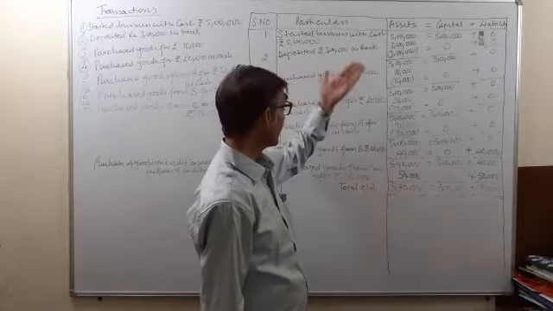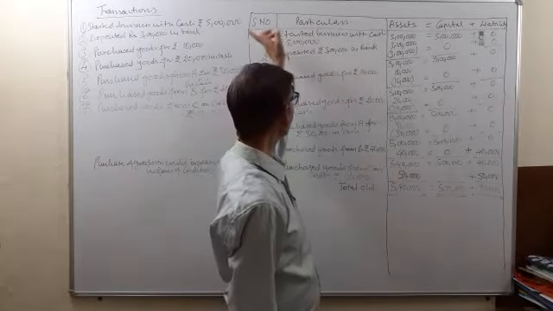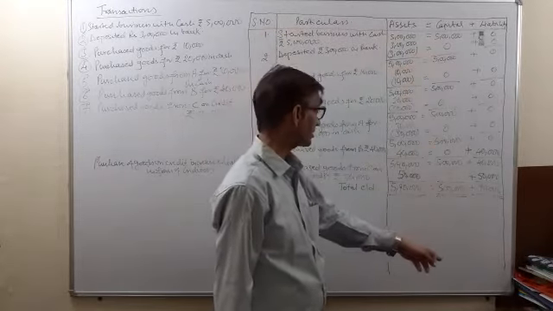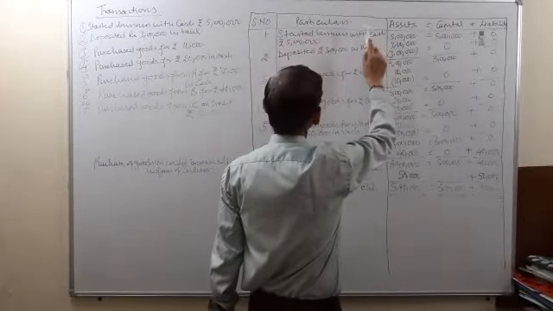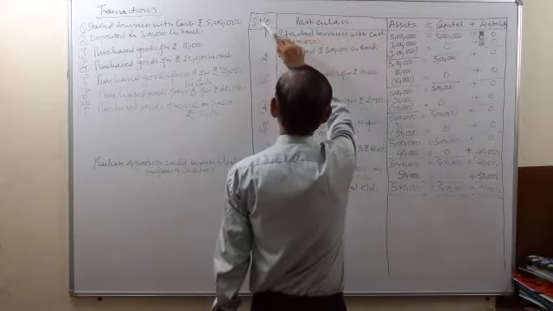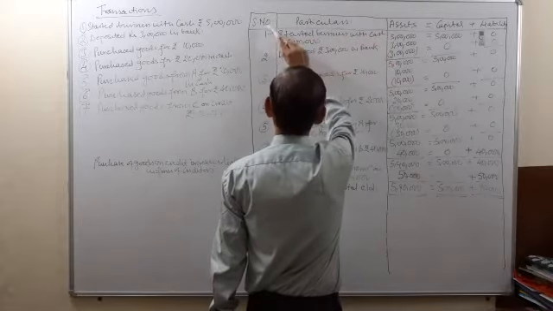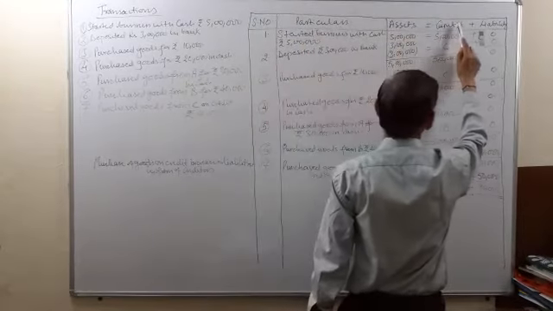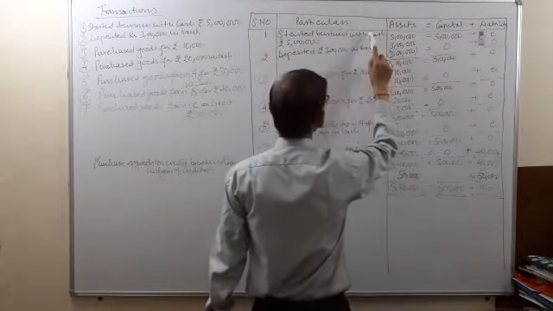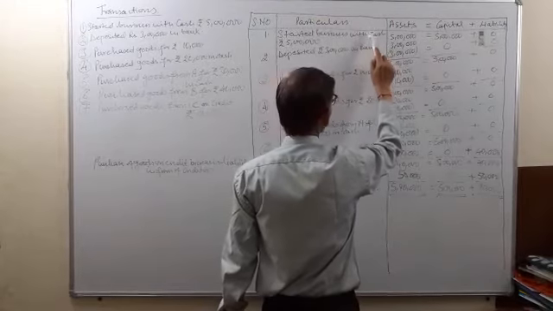In the next page, when you will again draw this format, and at the very beginning, after drawing the format and writing down the heads of the columns, serial number, particulars, assets is equal to capital plus liability, you will write total brought down.